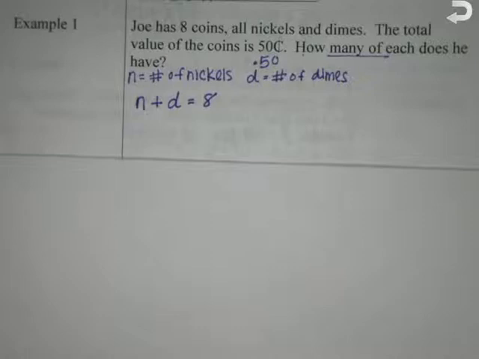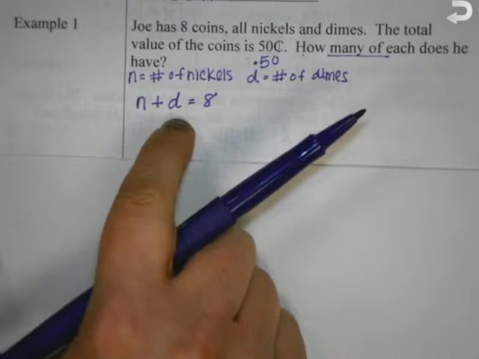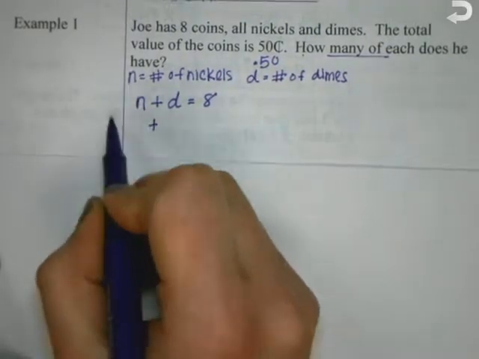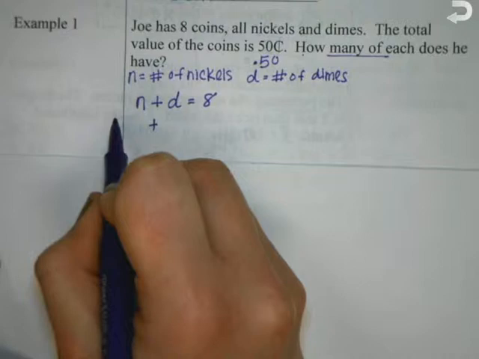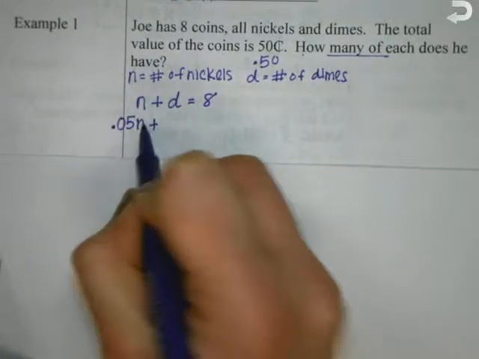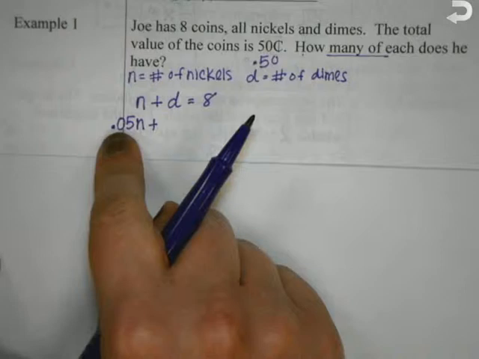What if I had 3 dimes? 0.10 times 3. Okay? I don't know how many dimes I have. So that's going to be, the total value is 50 cents. So what's the value of a nickel? 0.05 N. The value of the nickel times how many nickels I have.